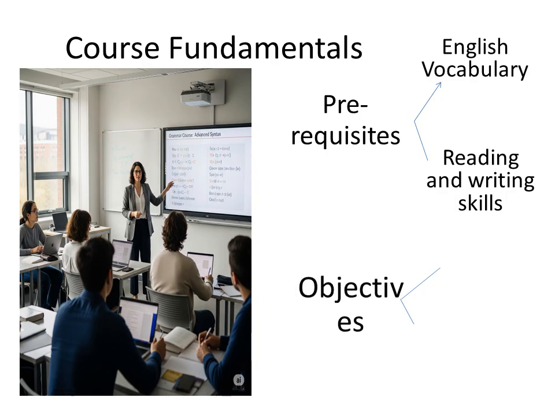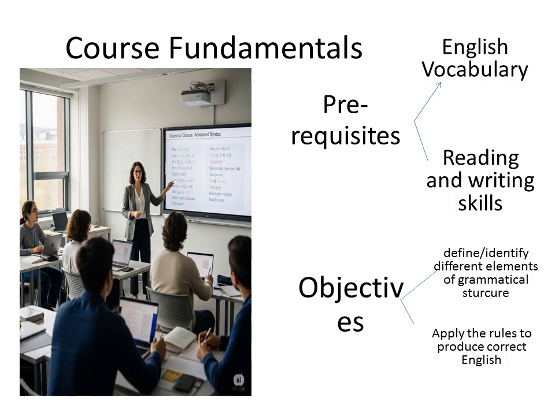The objective of studying grammar is to enable students, first of all, to define and identify different elements of grammatical structure, and then to apply these rules to produce well structured and grammatically correct English.